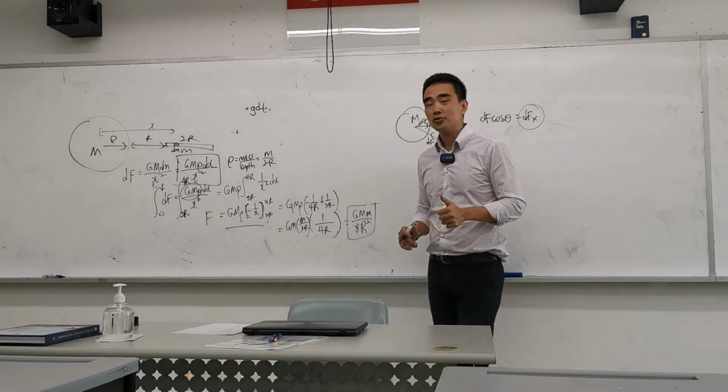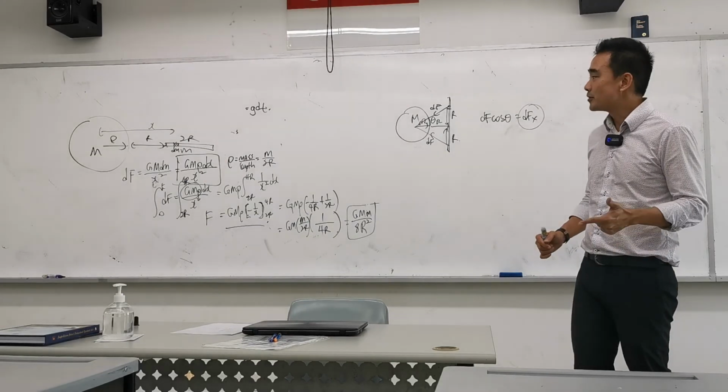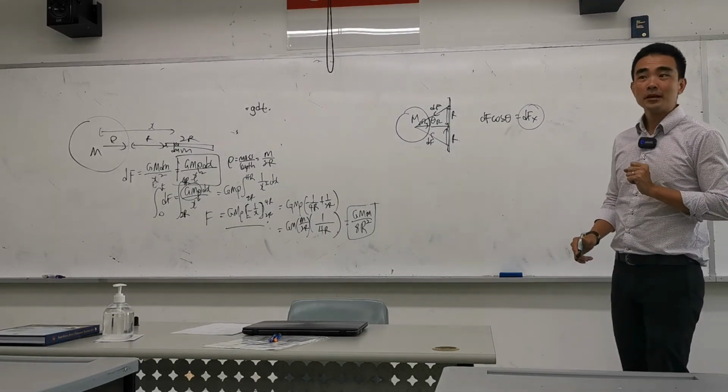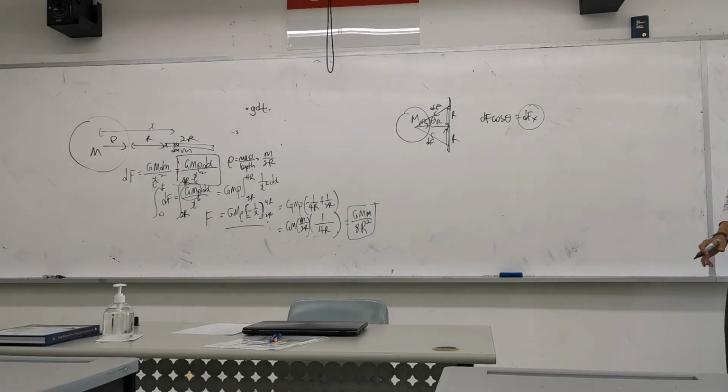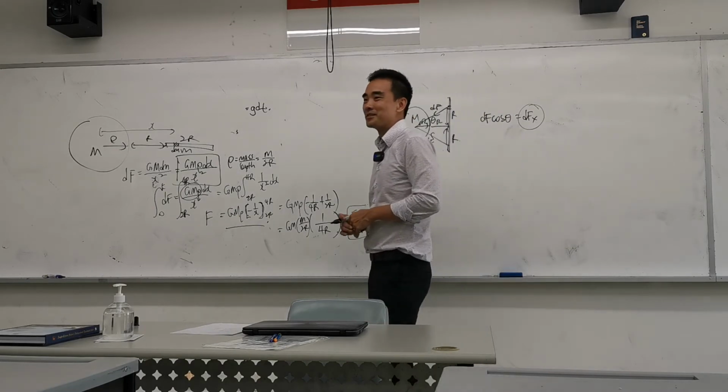So ask yourself, do you understand why the limits are the way they are? Second, do you understand why the integral is the way it is? If you understand, rest assured, the rest is math. And rest assured that you're still within sight, and you haven't gone into outer space yet.